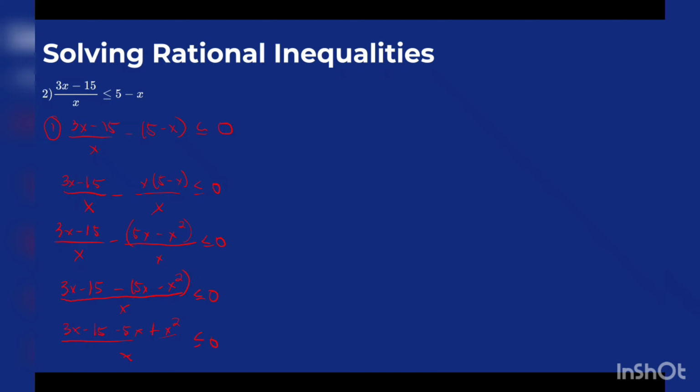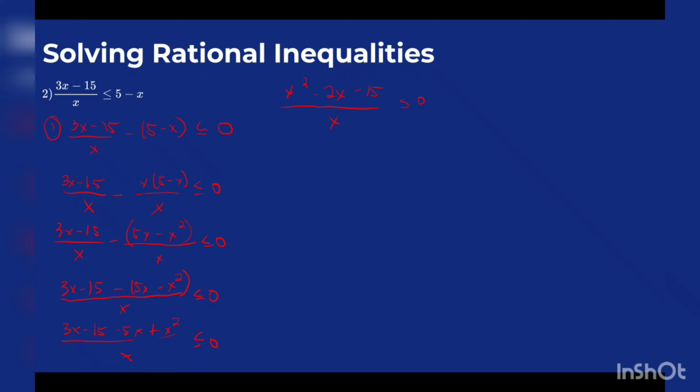So from here, we can simplify this to x squared minus 2x minus 15 all over x is less than or equal to 0.